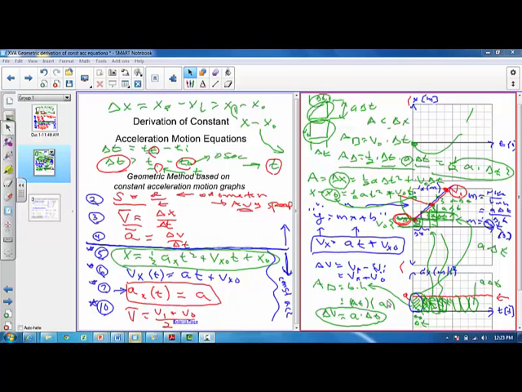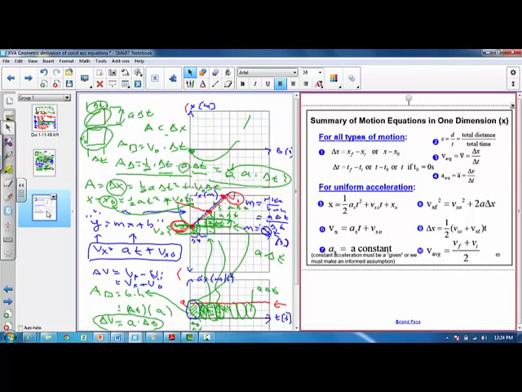If you took your notes out of the book, you should recognize these equations. And actually, I handed out in class a page of notes to you. You should recognize from this page of notes that I've got equations 1 through 10 on here. The ones above the line are for all types of motion, whether they're uniform acceleration or not. And I just talked about what delta x and delta t mean. And here's your equation number 2 that we already saw on the other page, speed equals distance over time for average speed.